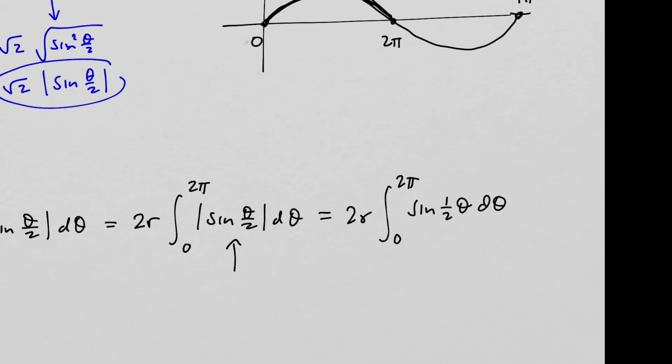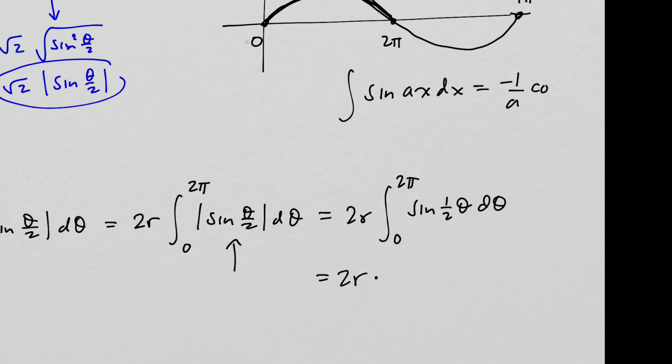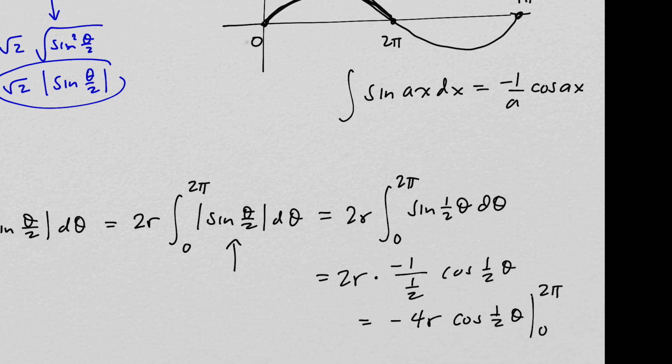Okay, almost done. So now we need to take the antiderivative. Well, remember, the antiderivative of sine of ax dx is negative 1 over a cosine of ax. So in this case, it's going to be negative 1 over 1/2 cosine of 1/2 theta. And so this is negative 4r cosine of 1/2 theta. And then we have to go from 0 to 2 pi.